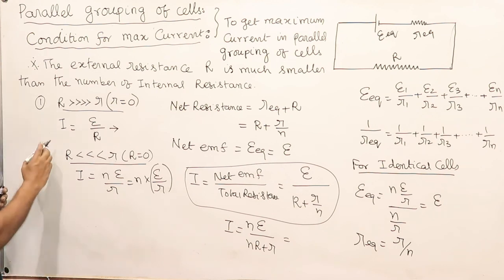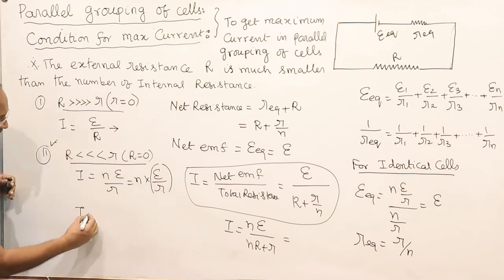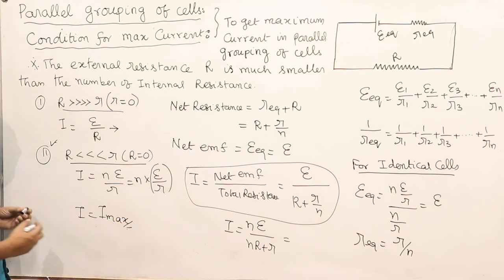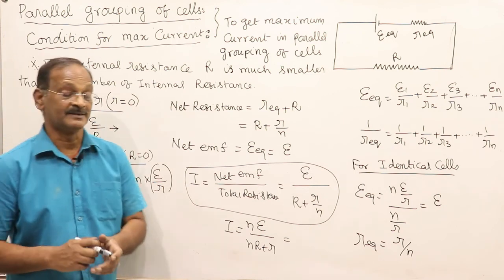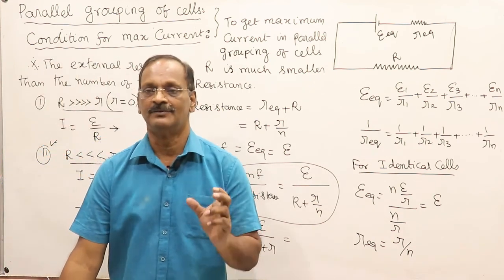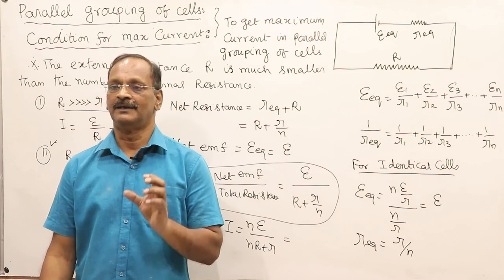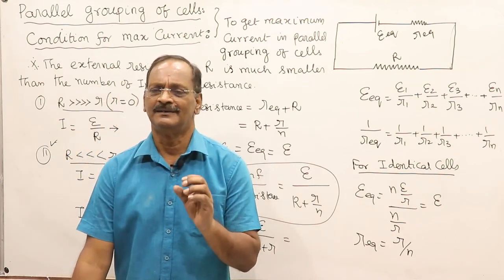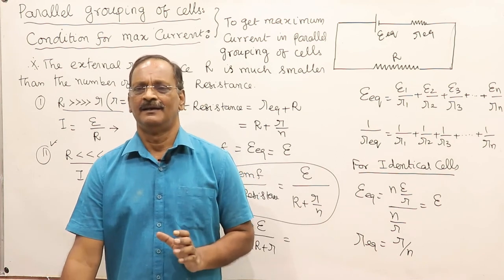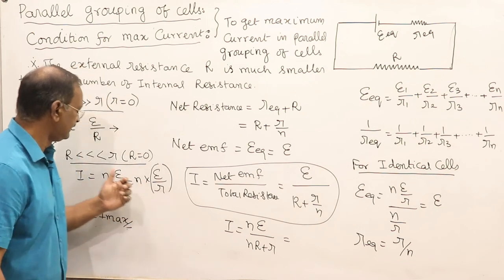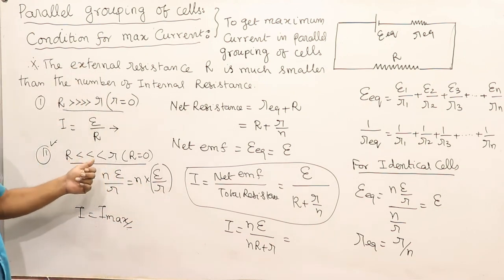This is the condition for I maximum. So to get maximum current through the parallel grouping of n identical cells, we have to keep the external resistance very small, that is negligible, so that we get maximum current.